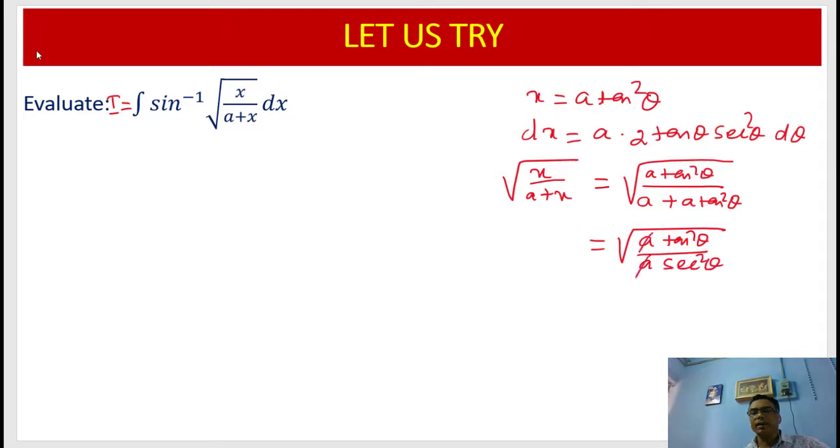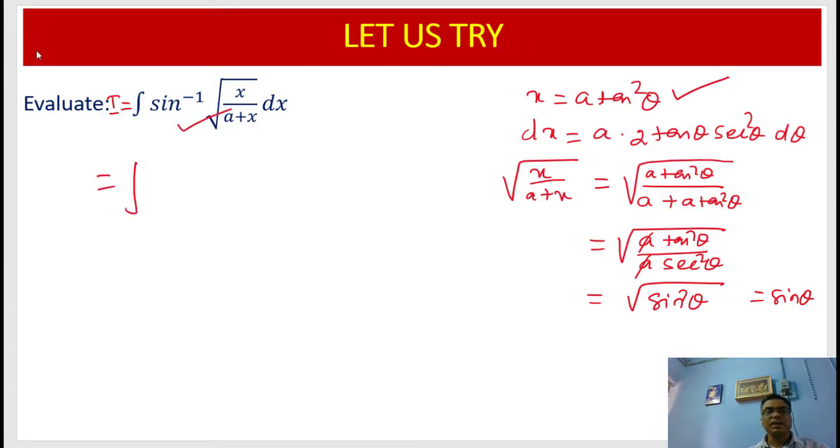Very simple. a cancelled. And what is tan square theta by sec square theta? It is tan square theta into cos square theta, which is nothing but sin square theta. So it is sin theta. Only for this cause we have taken x as a tan square theta, to simplify this function.